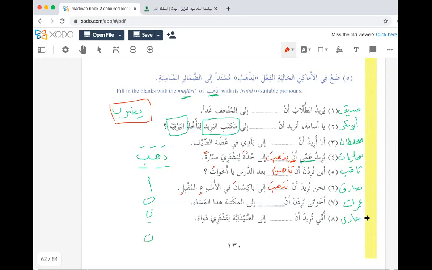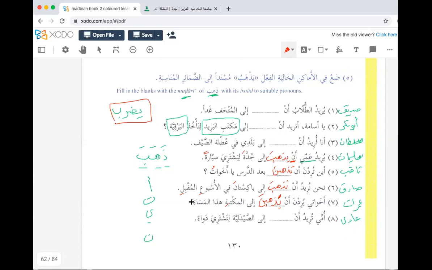Imranu, or is it Umranu? You got me confused now. And that Imran is kasra. Number 7. أخواتي يريدن أن يذهبن إلى المكتبة هذا المساء. بارك الله فيك.